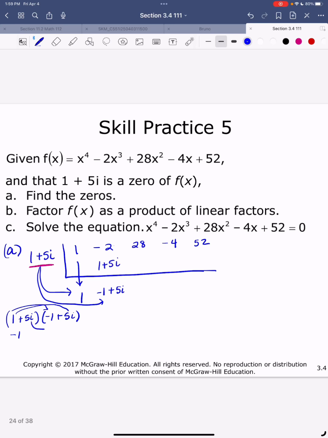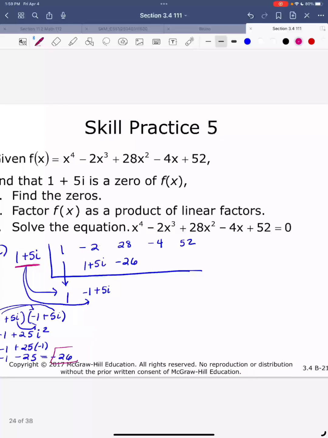But then 5i times minus 1 gives me a minus 5i. Those will cancel, and I'm left with plus 25i squared. Well, we know that i squared is negative 1. So this gives me negative 1 minus 25, which is equal to negative 26. So I get a negative 26 here after I FOILed that product.